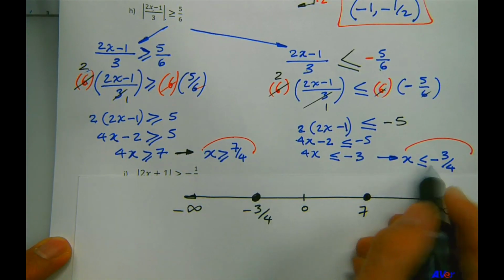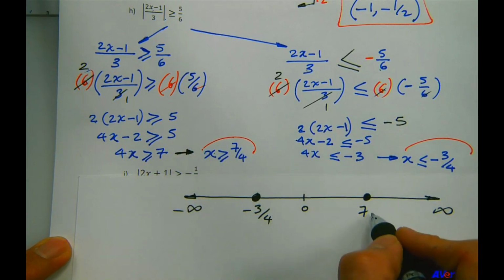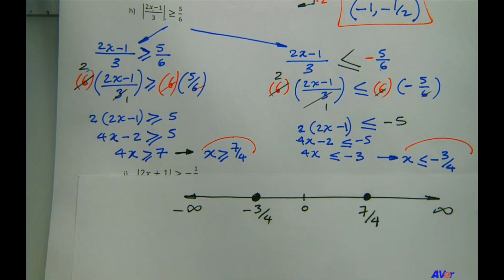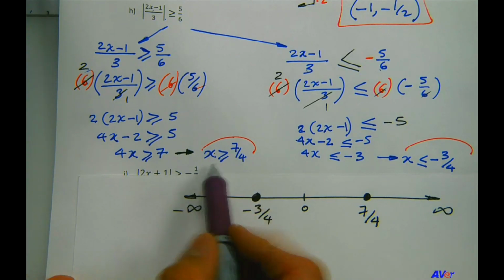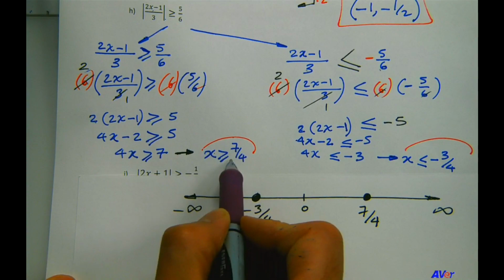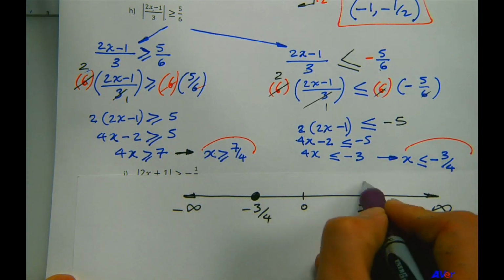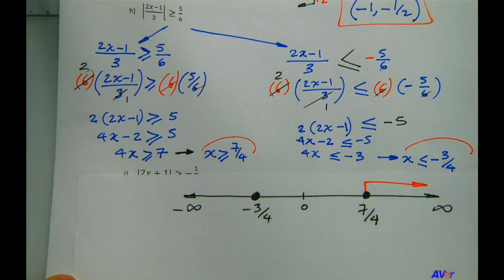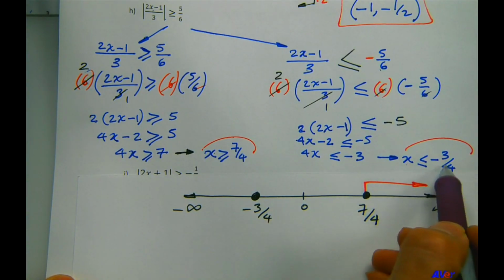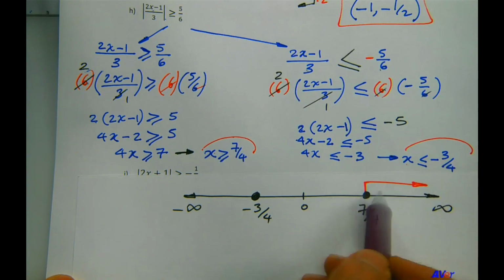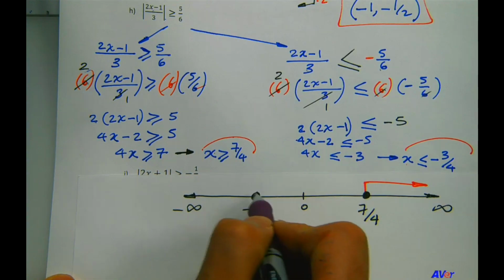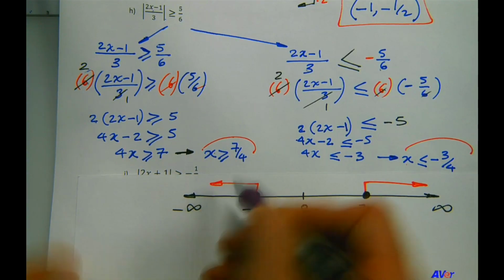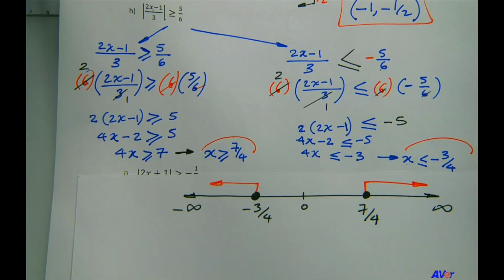So both of these are going to be part of the solution. So let's look at the individual answers. x greater than or equal to 7/4, that means the solution must be going that way. x being less than or equal to negative 3/4, the solution is this way. Do they overlap? No, they do not.